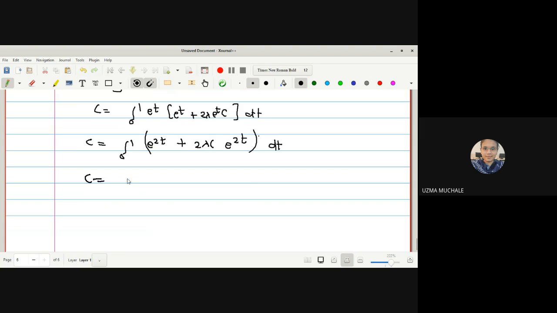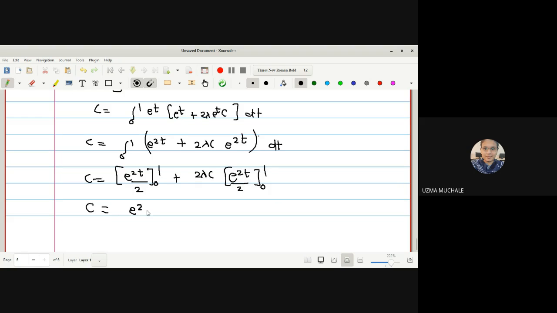C equals the integral of e^(2t), which is e^(2t) upon 2, plus 2 lambda c times the integral from 0 to 1. Sorry, I will write the value of the integration directly: e^(2t) divided by 2 within the limit 0 to 1.